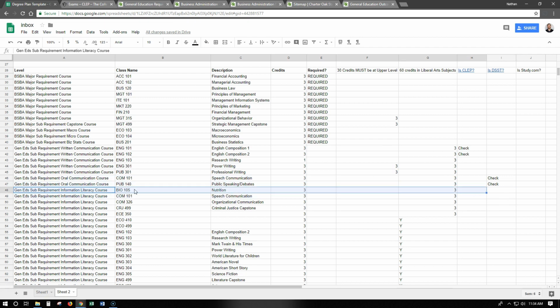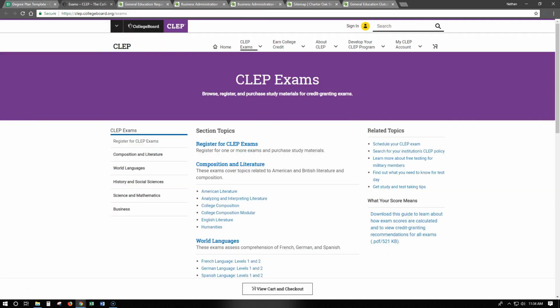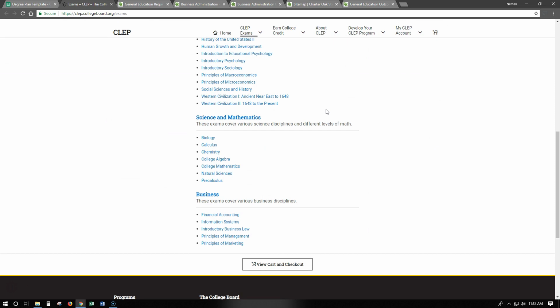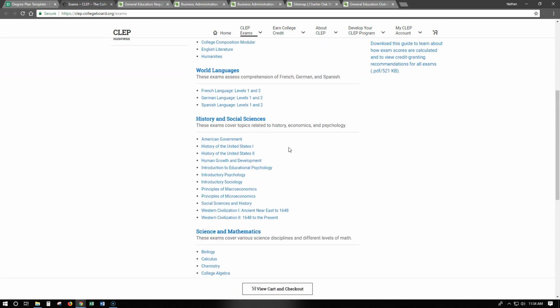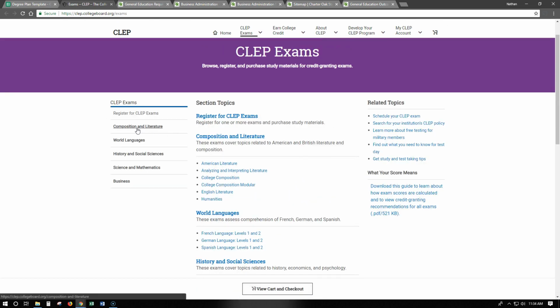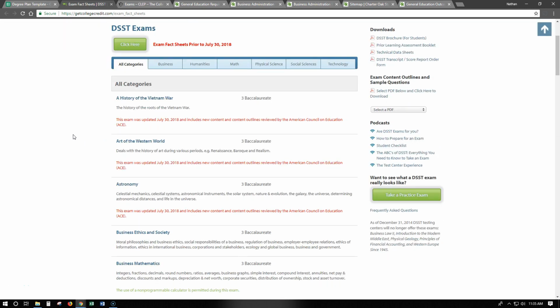nutrition, information literacy, nutrition. Okay, Bio 105, nutrition. Is there a CLEP that is called something like nutrition or health? Doesn't look like it. What about a DSST? So is there a DSST for this?